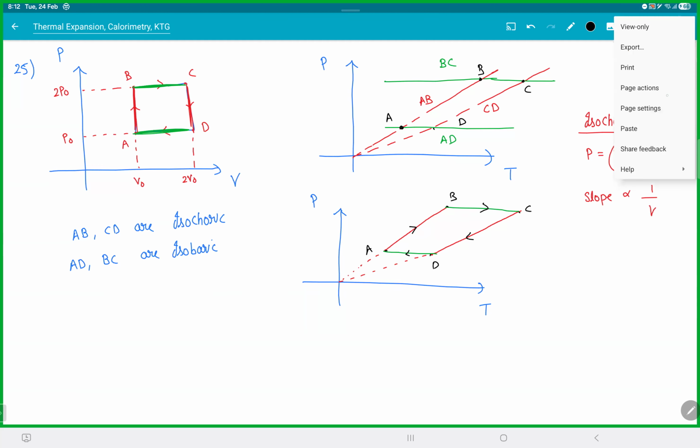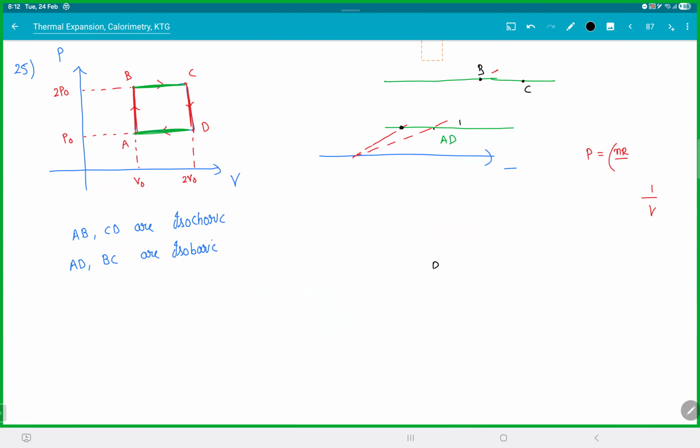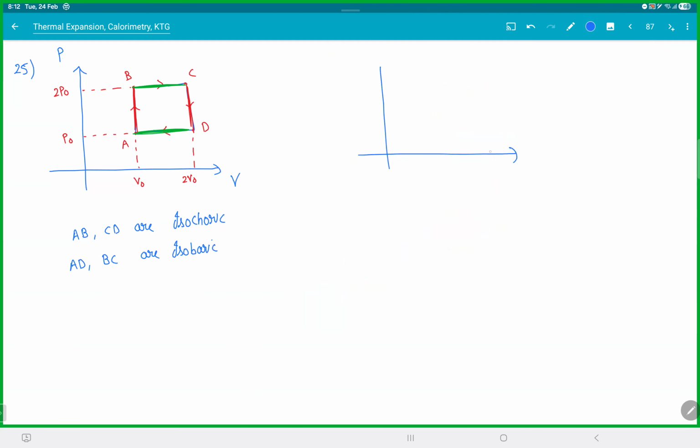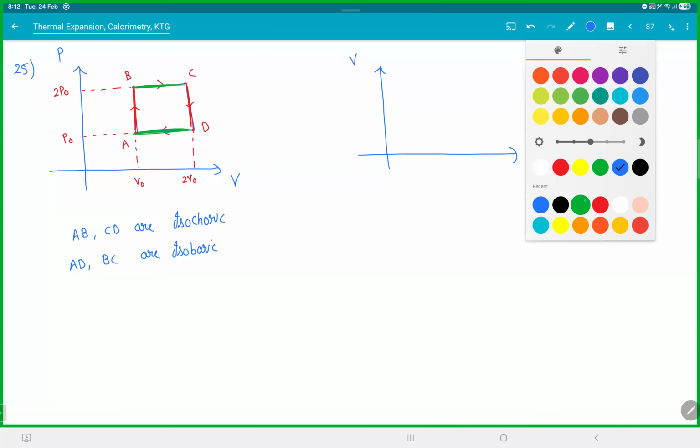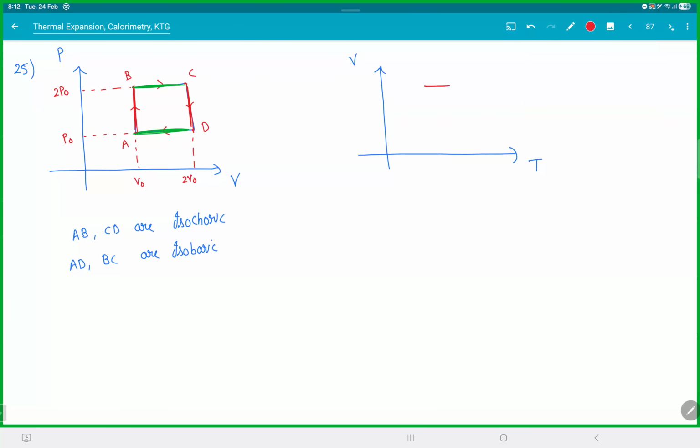So how does a VT graph look like here? When you look, it looks the same. So in the VT graph, there will be two horizontal lines. Now be careful here. The one with the higher volume is CD, so that is up, and then this is AB.